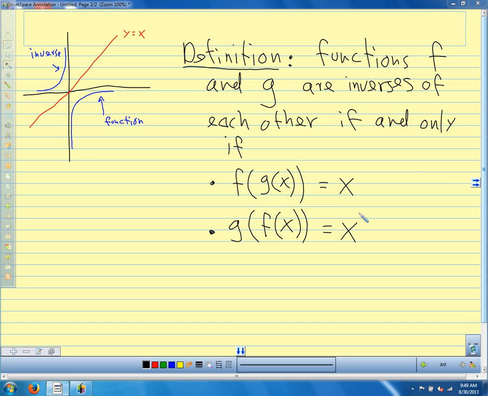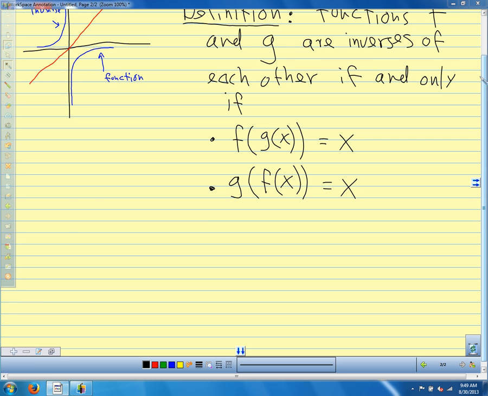Horizontal line test. Very nice. So we tell if a function has an inverse by the horizontal line test. So from a graph, we can tell if the function has an inverse.